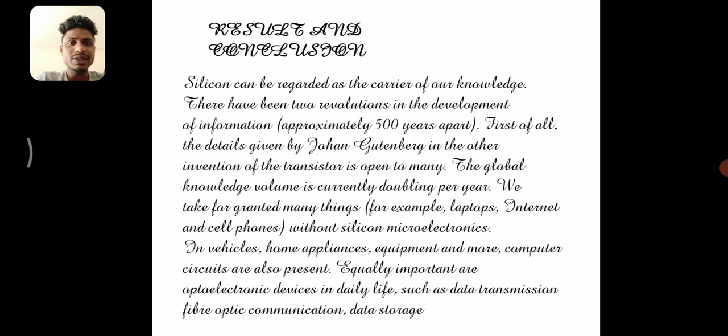We access it in many ways, for example, laptops, the internet, and cell phones. Without silicon, microelectronics in vehicles, home appliances, and more computer circuits would not be present. Equally important are photoelectronic devices in daily life, such as data transmission, fiber optic communication, and data storage.